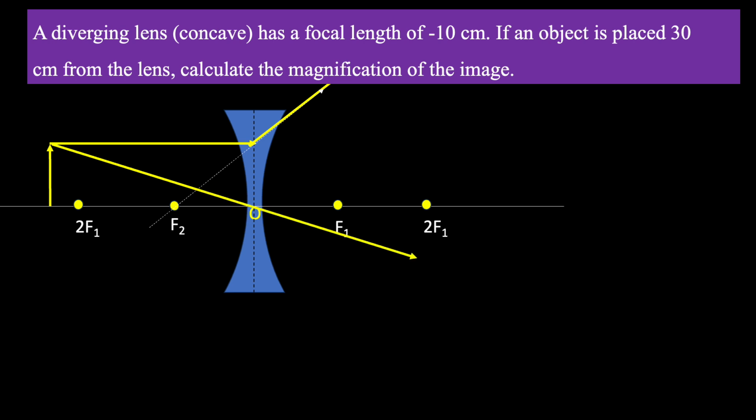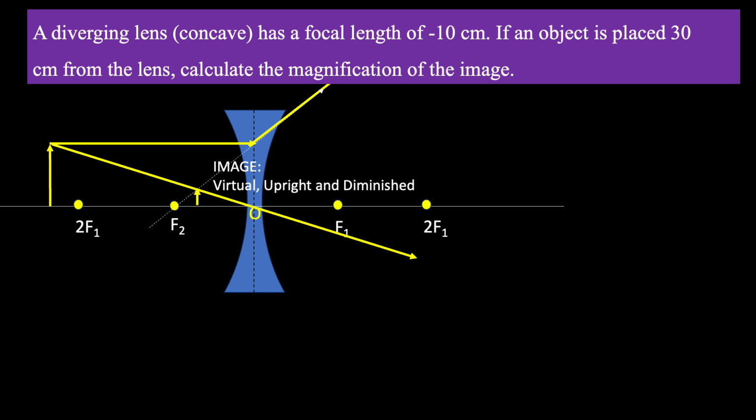And here is the image. It's a small image. It is virtual and upright. So we can say that image is virtual, upright and diminished.